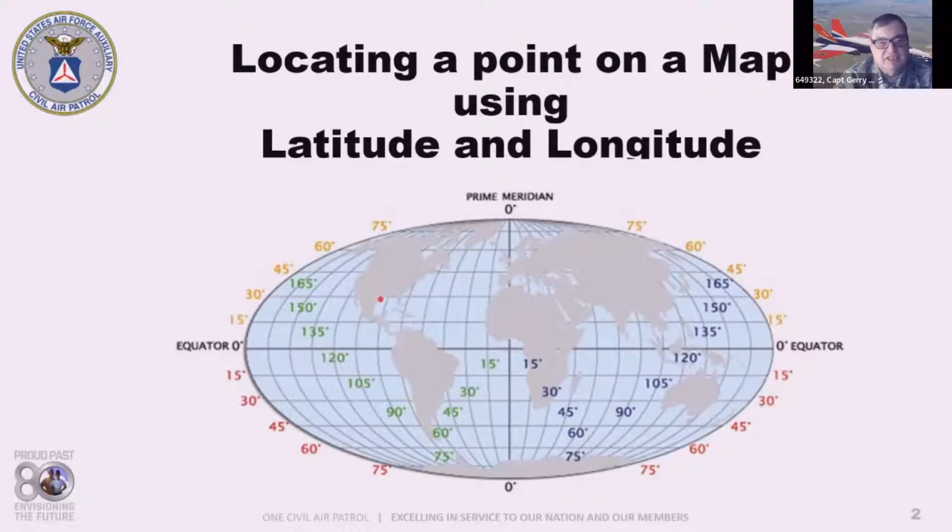All calculations of longitude are based on that location. So everybody understands lat and long, right? You'll find I say longitude, some people say longitude. So I'm not going to correct anybody.